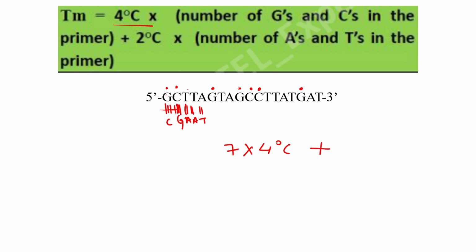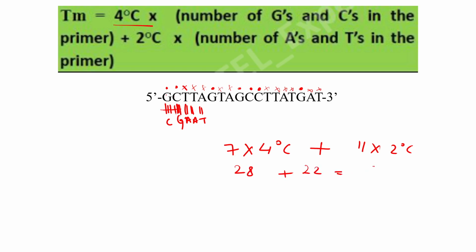I'll put a cross here, 1, 2, 3, 4, 5, 6, 7, 8, 9, 10 and 11. So that means 11 into 2 degrees Celsius. So 7 into 4 degrees Celsius is 28, plus 11 into 2 degrees Celsius is 22.